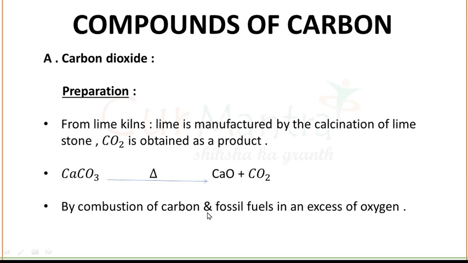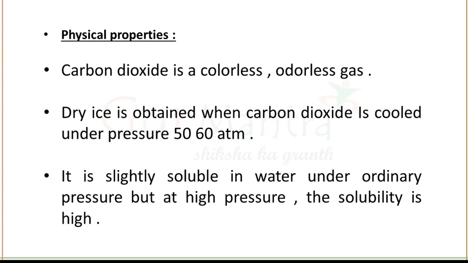The second method is by combustion of carbon and fossil fuels in excess of oxygen. When you burn carbon and fossil fuels like coal, petroleum, kerosene oil in an excess of oxygen, you will get the formation of CO2 gas. Next, physical properties of carbon dioxide.